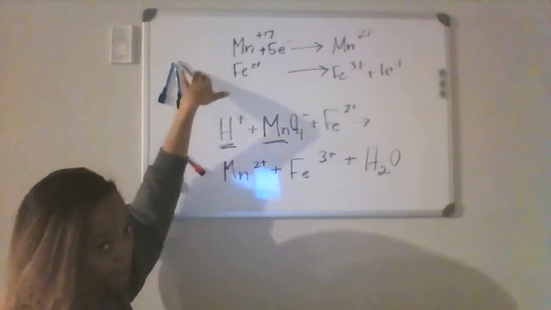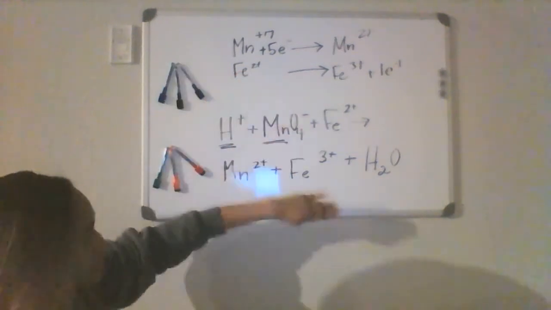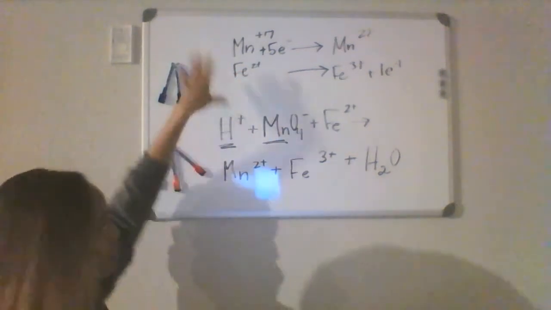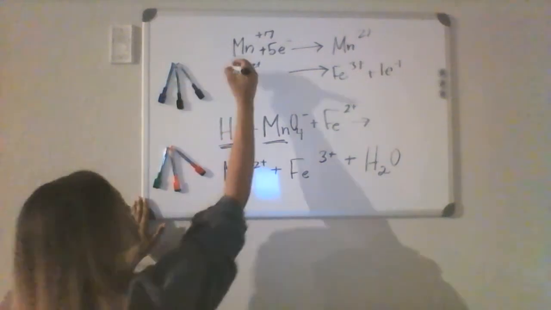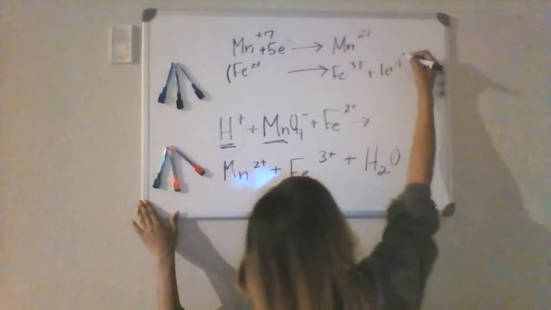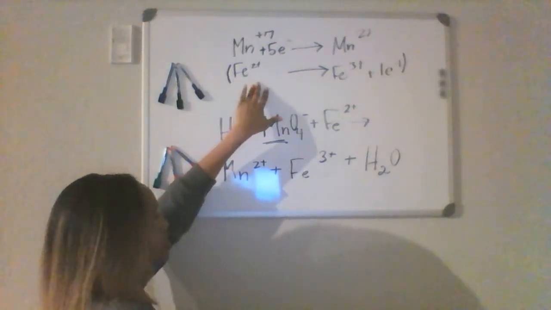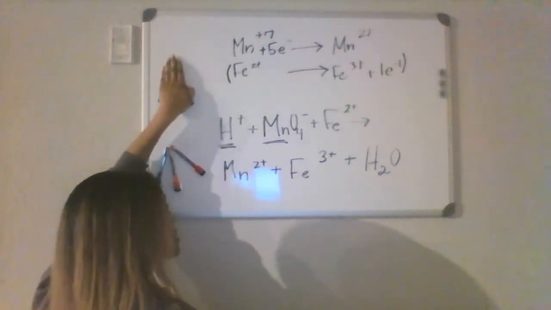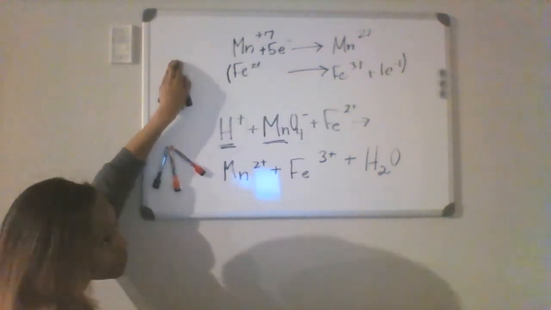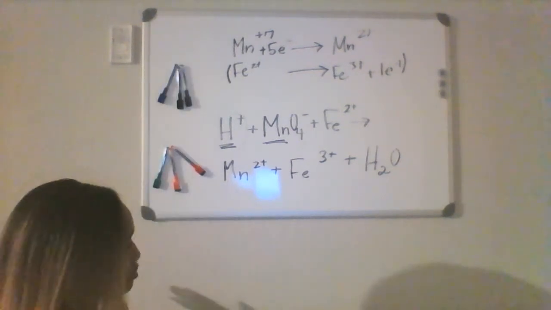And so the next step basically is to balance the electrons. We're not really worried about this for right now because we were able to extract our two half reactions. So in order to balance the electrons, I'm going to have to manipulate the second half reaction a little bit. Notice this is another implicit thing that you have to do when balancing these types of equations. You have to do some algebraic manipulation.